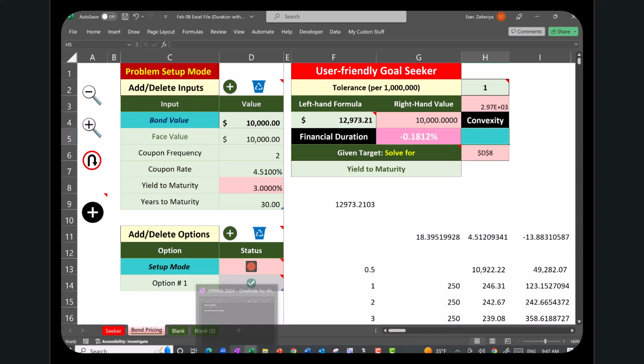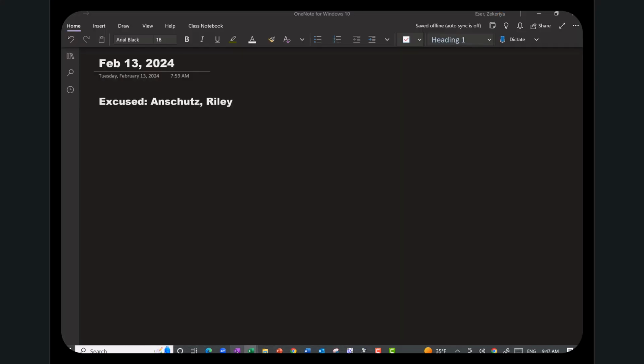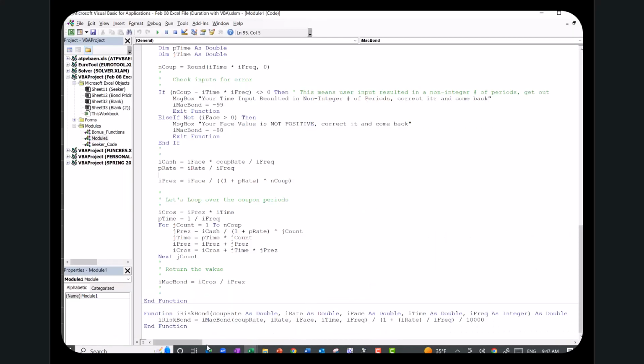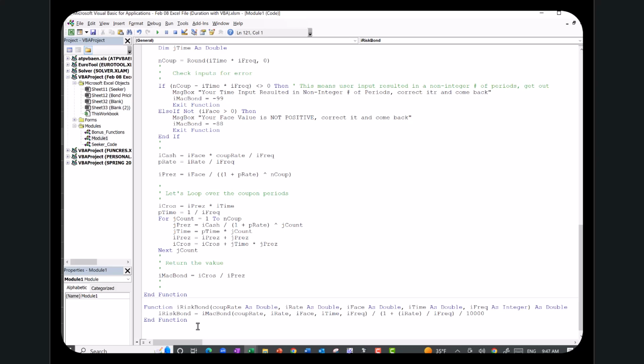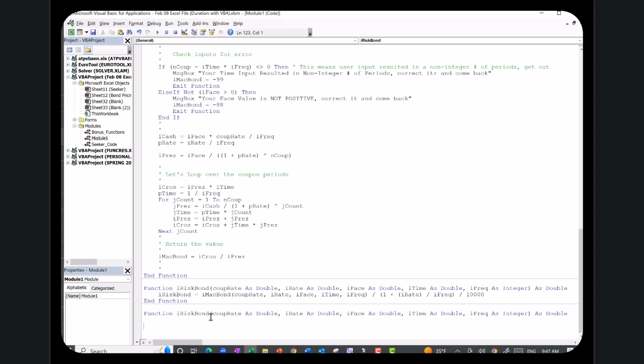And I'm going to actually do something very simple. So I'm going to copy it, and I'm going to call this iConvex bond.